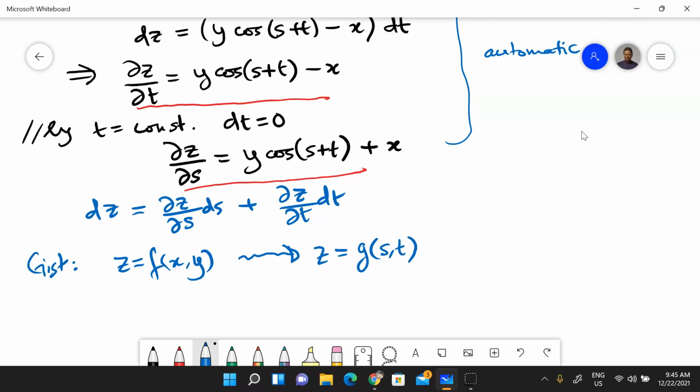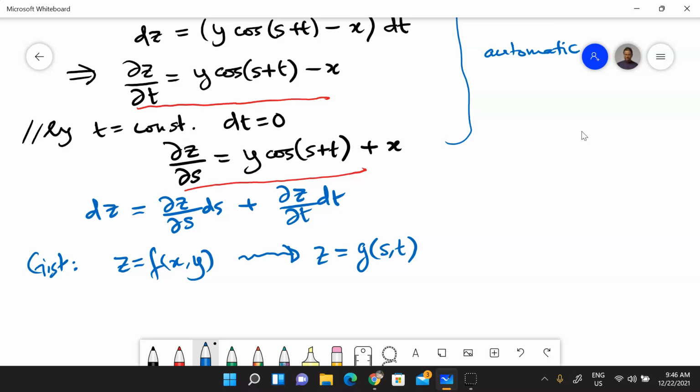These are useful things that one can actually do in physics, because sometimes you want to go from one set of variables to another set of variables.